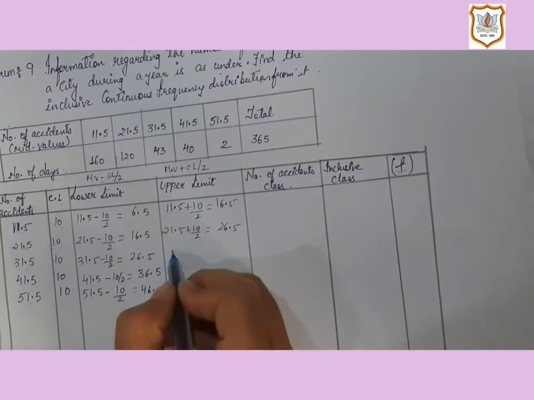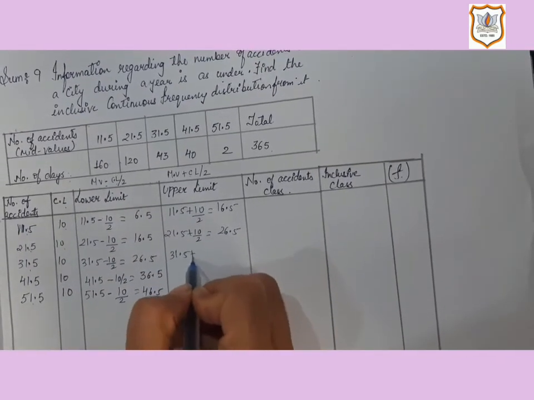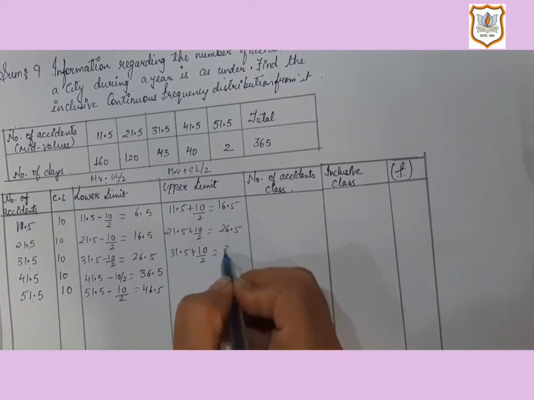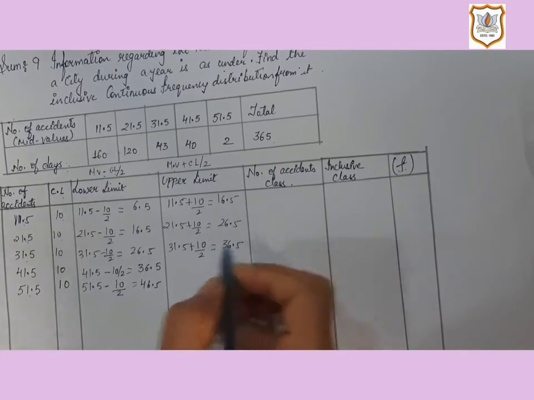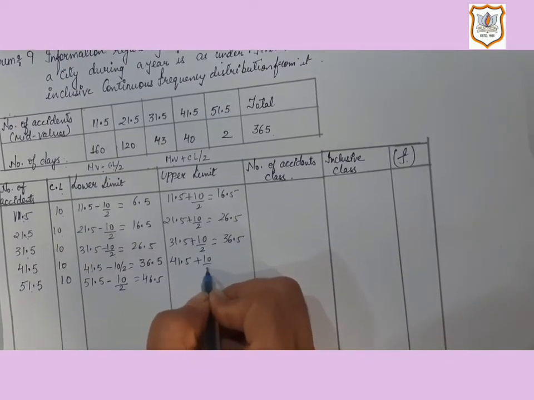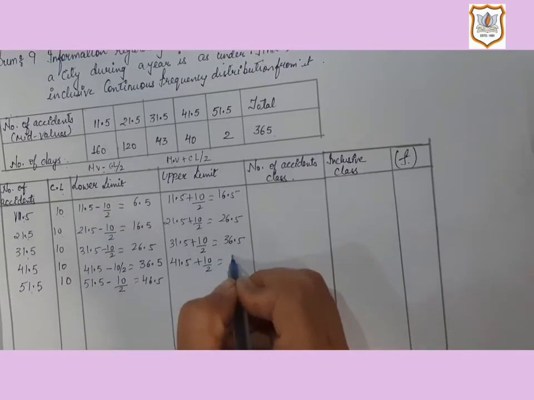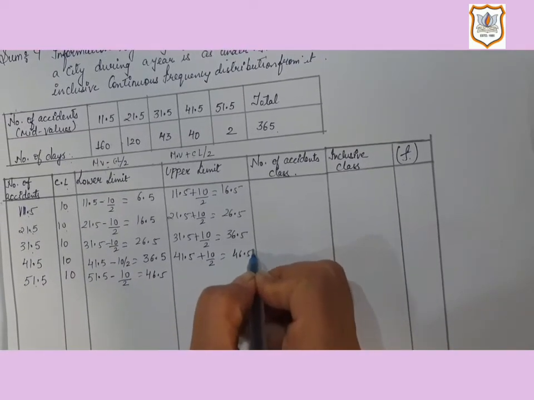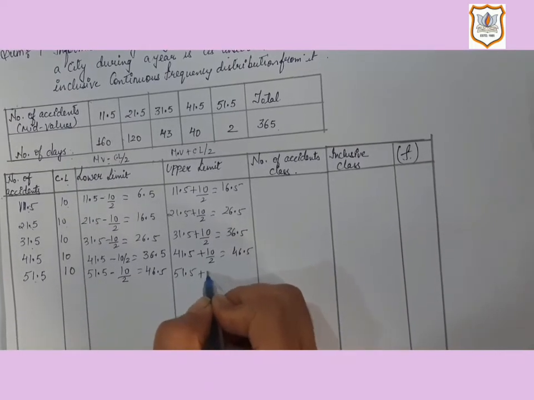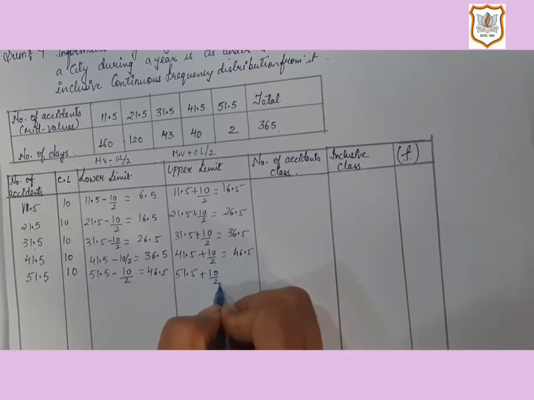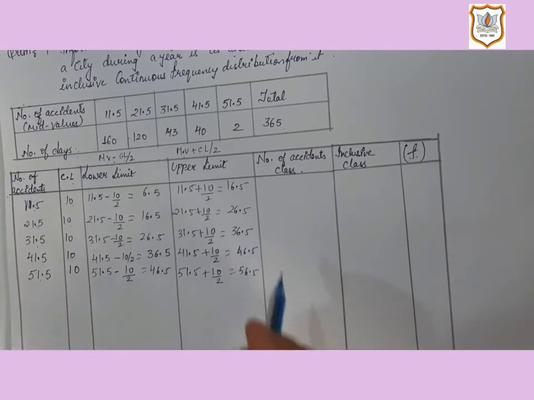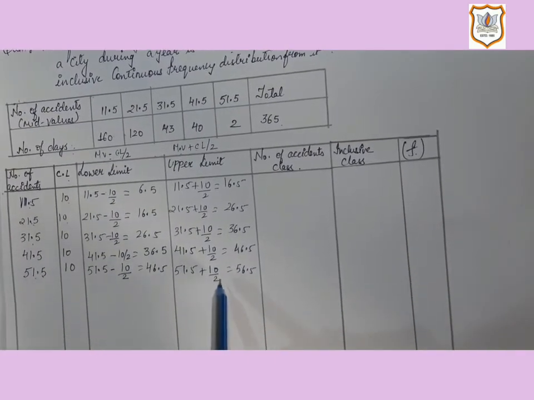Next mid value is 31.5 plus 10 divided by 2, that gives you 36.5. Next mid value is 41.5 plus 10 divided by 2, that gives you 46.5. And the last mid value is 51.5 plus class length 10 divided by 2 is equal to 56.5. So here we have finished finding lower limit and upper limit.